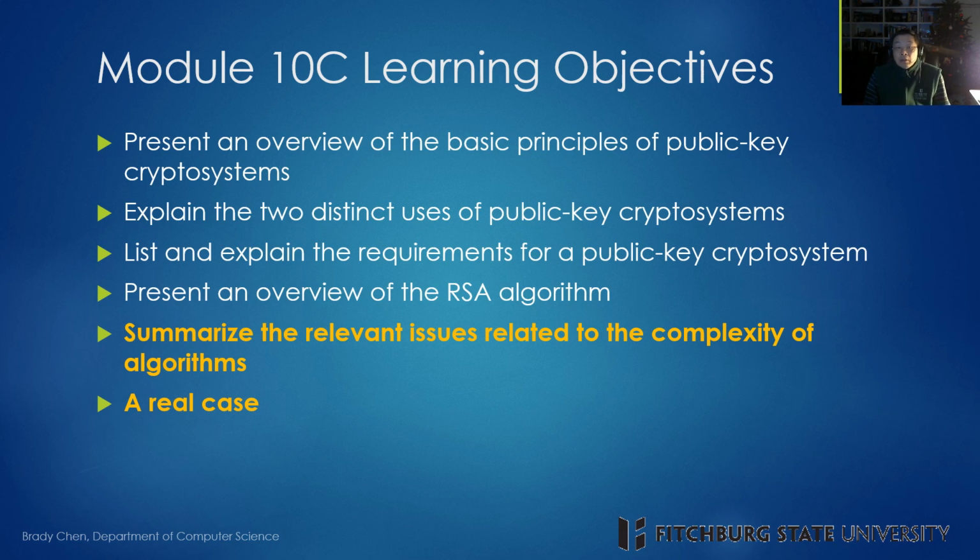The other type of cryptosystem is called a public key cryptosystem. In the public key cryptosystem, each user, whether sender or receiver, is going to create their own keys. One is called a public key, the other one is called a private key. So each one is going to create his or her own pair of keys.